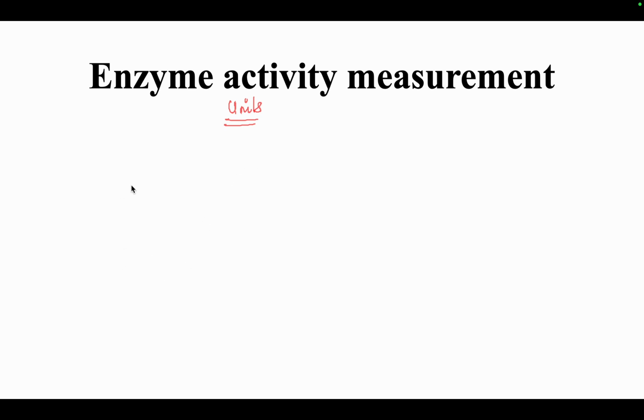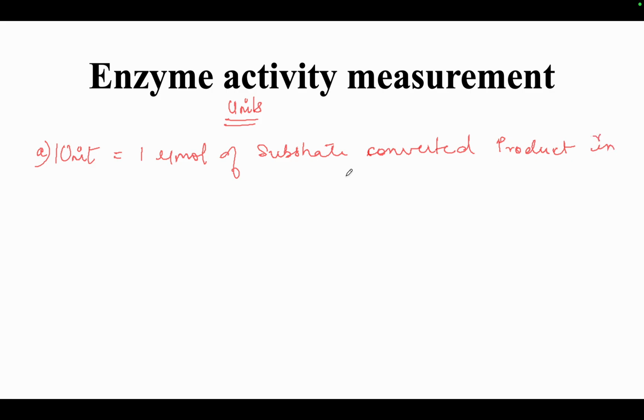So the enzyme activity unit is defined as follows: 1 unit is equal to 1 micromole of substrate getting converted to product in 1 minute.